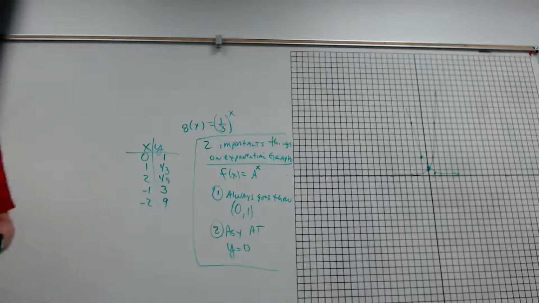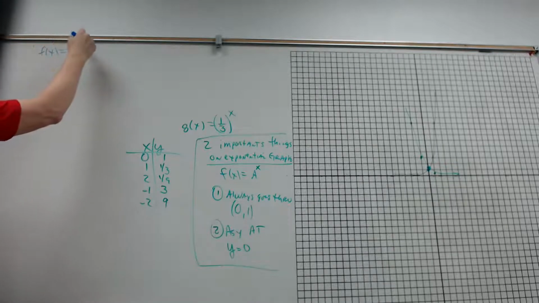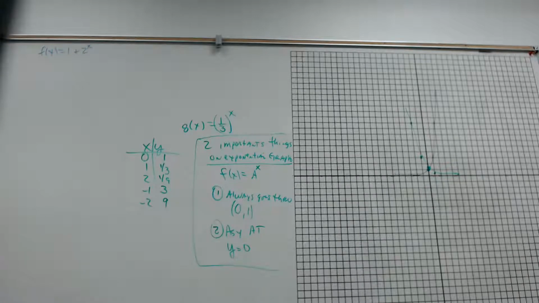Hopefully this is nice and dark. What if I had f of x equals 1 plus 2 to the x power? My question to you all is, which way do you think that shifts? You got 4 choices. We're going to give you multiple choice: up, down, left, or right.